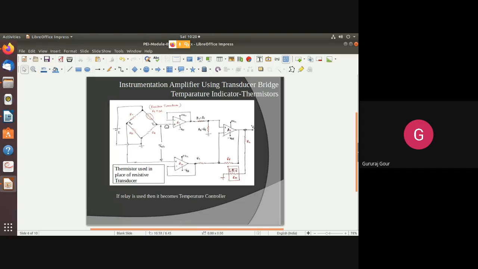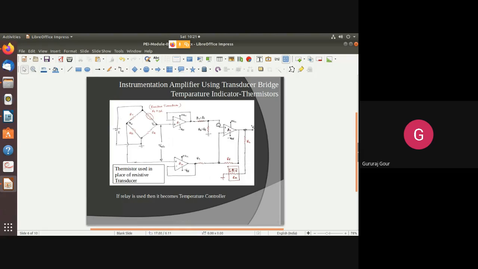So you can explain how the output of the node A is connected to non-inverting input of the A1, and the output of the node B is connected to the non-inverting input terminal of the A2, and the respective negative input terminals will be fed back. Hence, A1 and A2 are acting like voltage followers. They are non-inverting op-amps, but connected in the configuration of voltage follower.